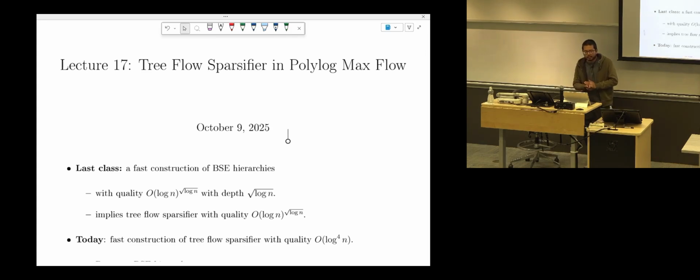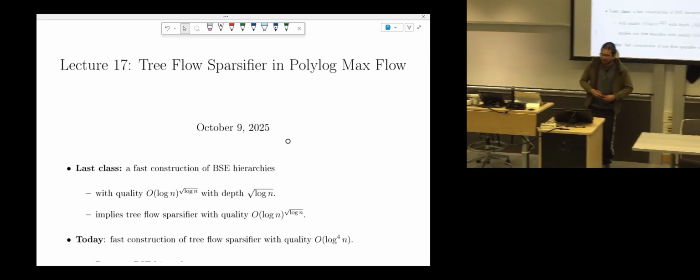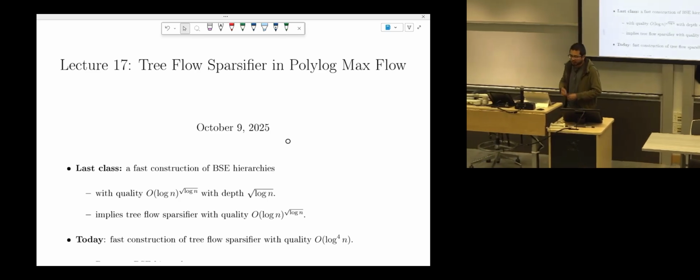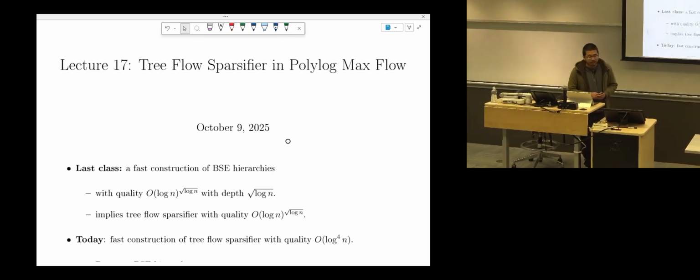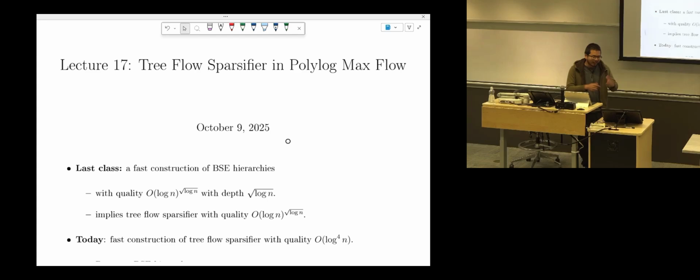This is basically the end of the first half of the course, which is about how to build all these powerful structures. We showed the existence first, and now we see the fast algorithm for the tree-flow Sparsifier.